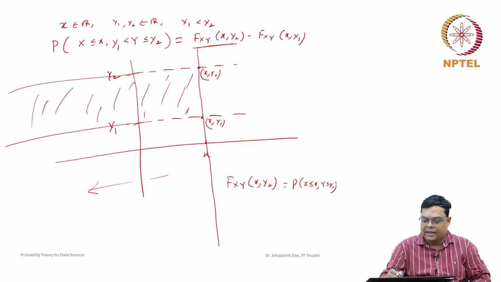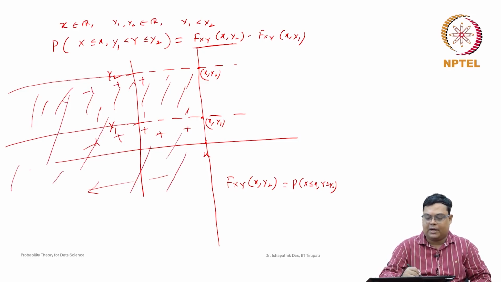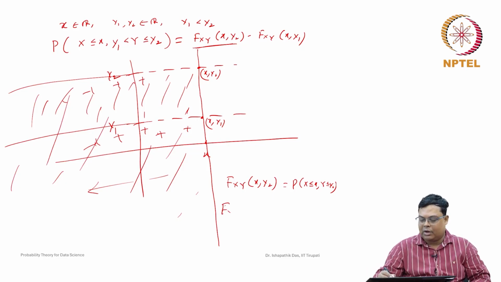So, x less than or equal to x is this part, and y less than or equal to y2 is the whole part. Now, this is Fxy of x y2. What is Fxy of x y1? This is nothing but the probability that x less than or equal to x, comma y less than or equal to y1.